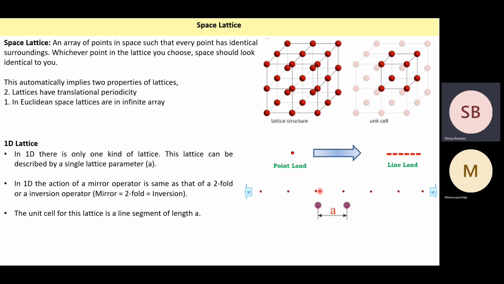If you go to the next point, the distance is A plus half A, so 3A by 2. And similarly, you can get an infinite lattice simply by reflecting on either side of the mirror.